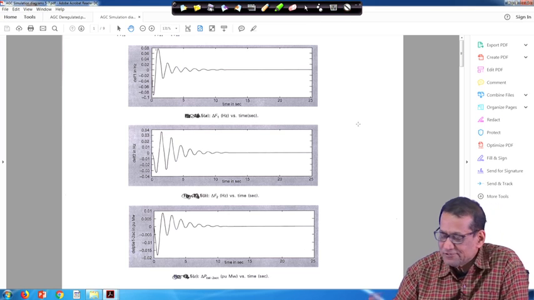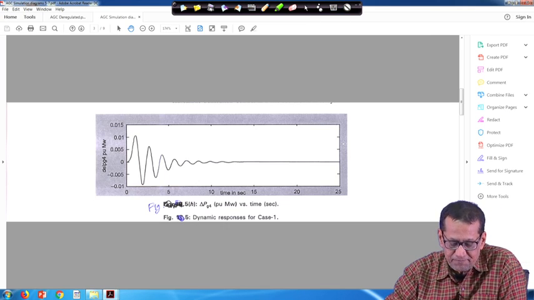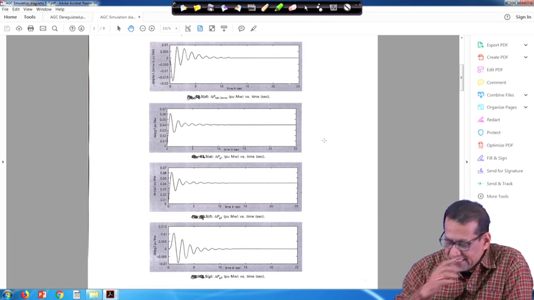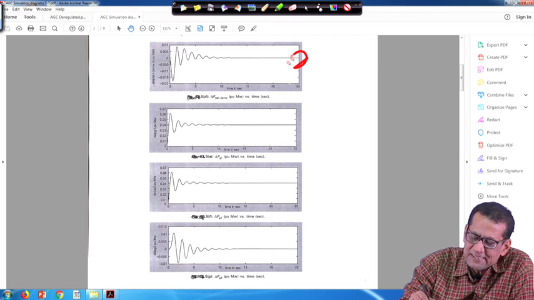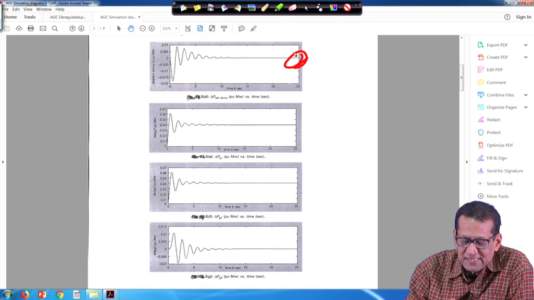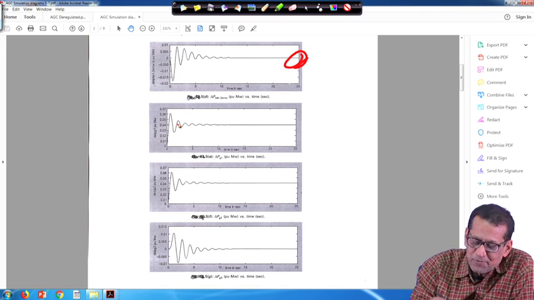Next, this is your delta P tie error for the same case. It will also be an identical plot for actual and error, and it is 0. Now, delta P g 1, as I told you, will settle to 0.04.